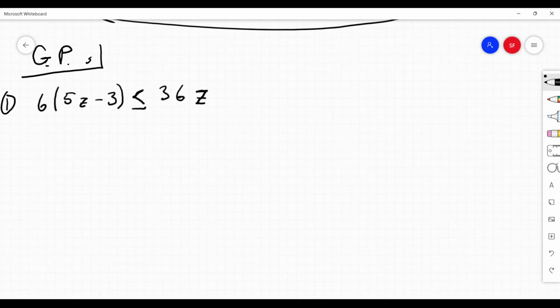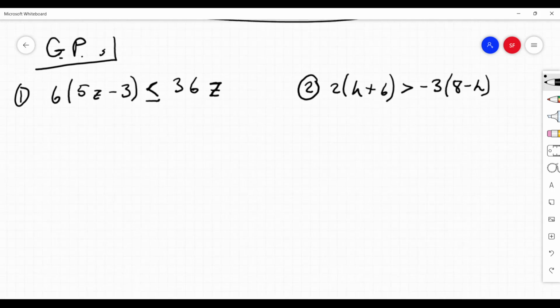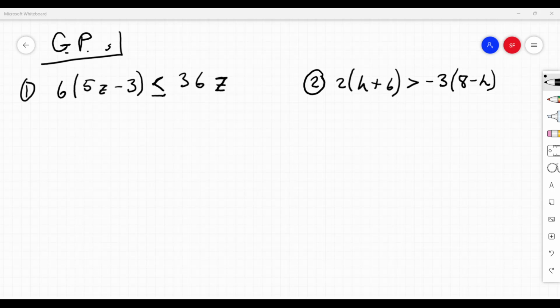And the second guided practice is going to be 2 times the quantity h plus 6 is greater than negative 3 times the quantity 8 minus h. Go.